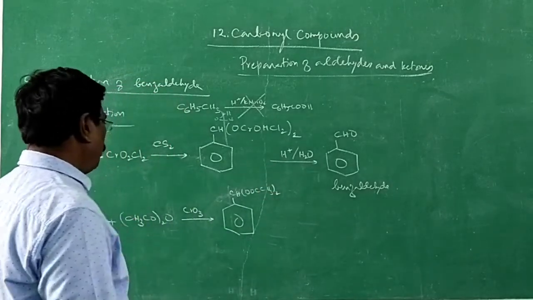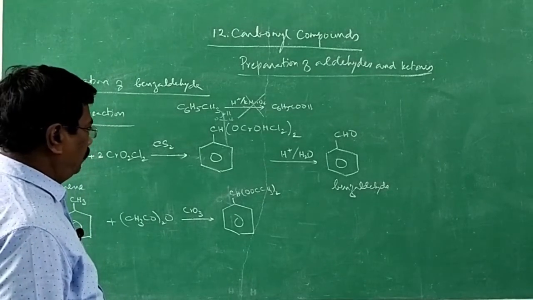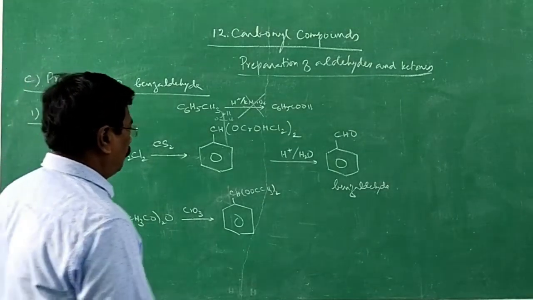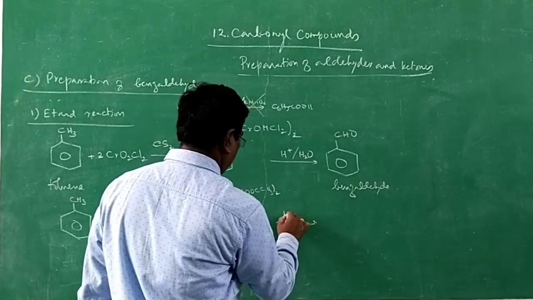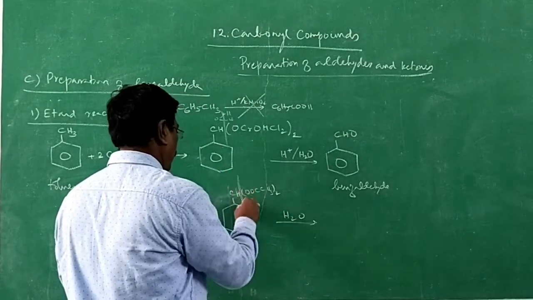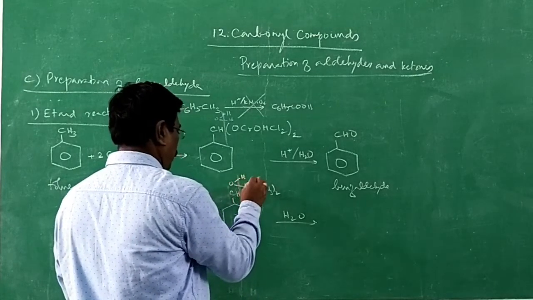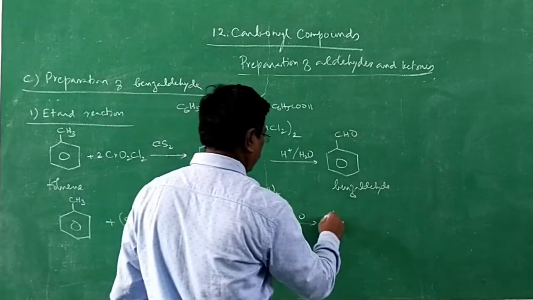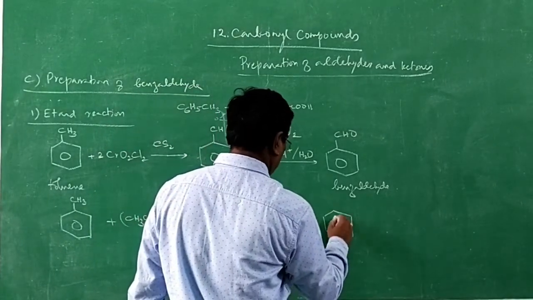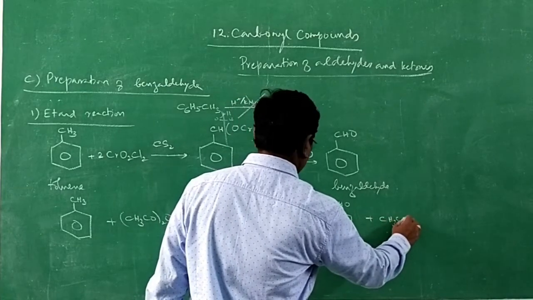An intermediate compound will be formed, which on hydrolysis, HOH, you will be getting benzaldehyde and acetic acid.